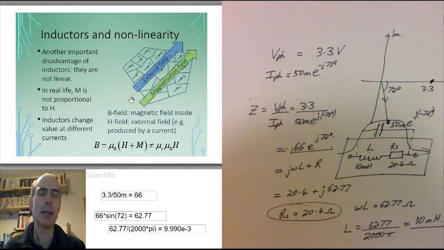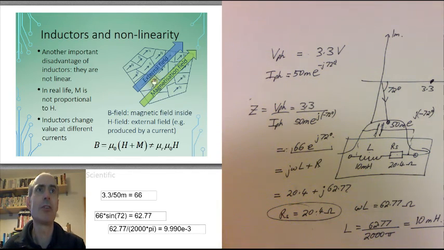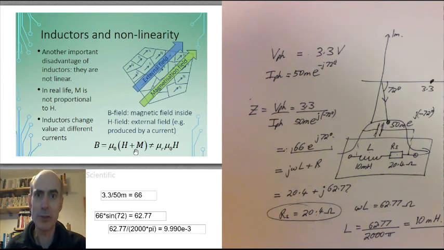However, in the case of inductors, the problem is that the magnetization field, the extra magnetic field generated inside the core, is not linearly related to the external field. And that results in the fact that most inductors do not behave like linear components. Double the current flowing through them, and you do not double the voltage across them. It's just another problem you have to deal with when designing with inductors.